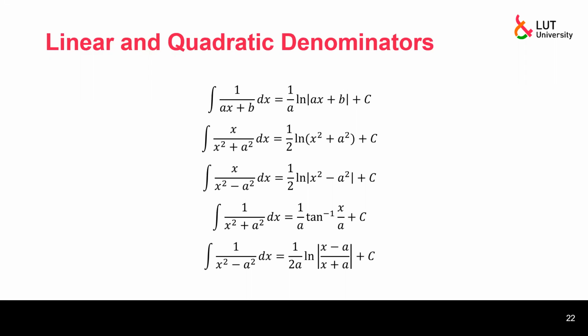And then this 1 over x squared plus a squared, or a squared plus x squared, it doesn't matter. Then you get those tangents. The difference between the second and the third is that there's a 1 on the numerator, not x. And with the minus, we still go to natural logarithms.